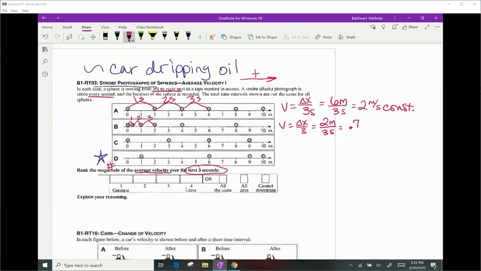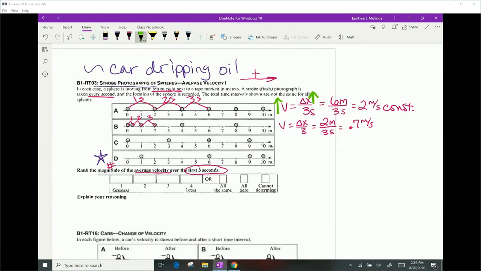Just call it 0.7, especially for this one, because it's just a ranking. We really don't need to do numbers. And let me point that out. I'm going to switch colors just to prove a point. Since you're ranking the average velocity over the same time interval, if you look at velocity and displacement, whoever travels more displacement has a greater velocity.